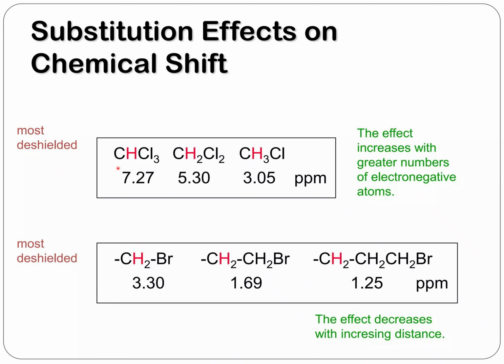The more atoms it has, the more it will be deshielded: three electronegative atoms, more deshielded; one electronegative atom, less deshielded. Moreover, the nearer the atom, the more deshielded. You can see this would be the least, this the second highest, and this very deshielded.